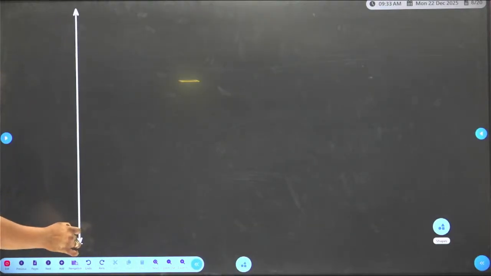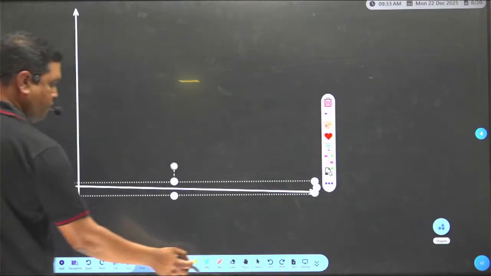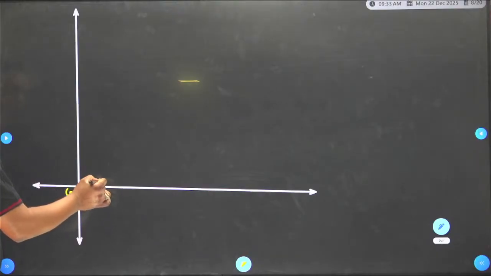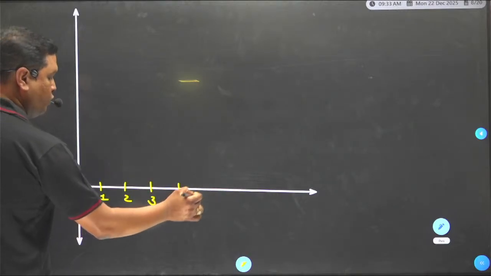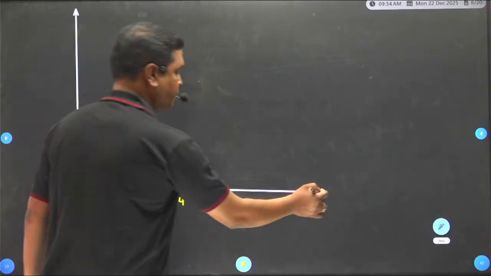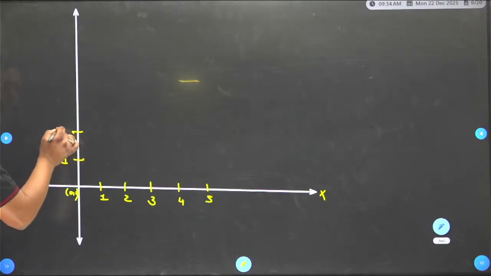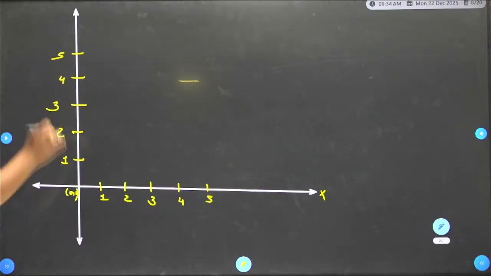First one, origin 0, 0, then 1, 2, 3, 4, 5. Up to where? On the X-axis, look at this, 5, and Y, both are 5. 1, 2, 3, 4 and 5.